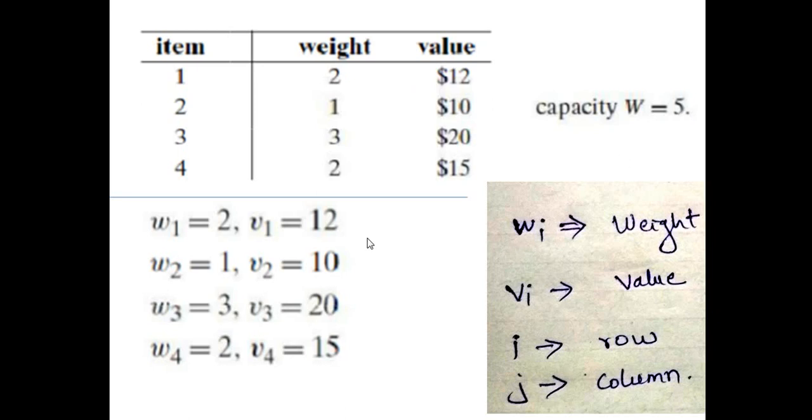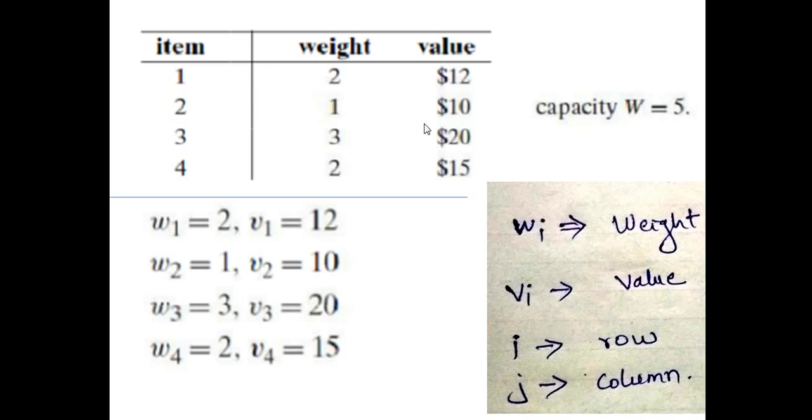Now, some terminology you have to understand first. Wi represents the weight, Vi represents the value, i represents the row, and j represents the column. They will give a problem like this.